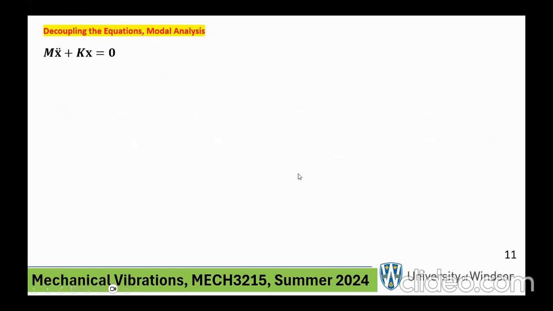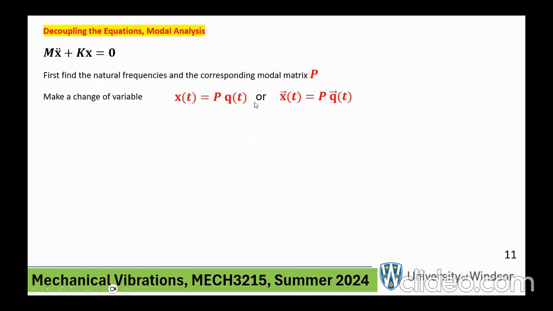Now the matrix P, the modal matrix, is going to be these two vectors put in the columns. So let us find the mode shapes associated with the frequencies. We did that. And then we're going to make a change of variable. I don't like to work with x.